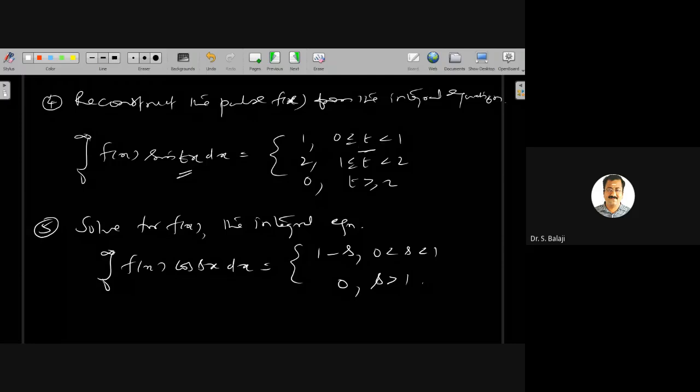It equals 1 for 0 less than or equal to t less than 1, 2 for 1 less than or equal to t less than 2, and 0 for t greater than or equal to 2.